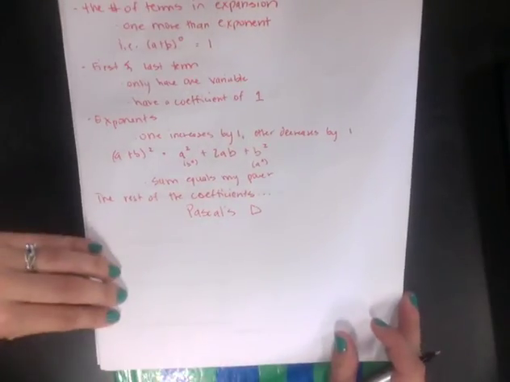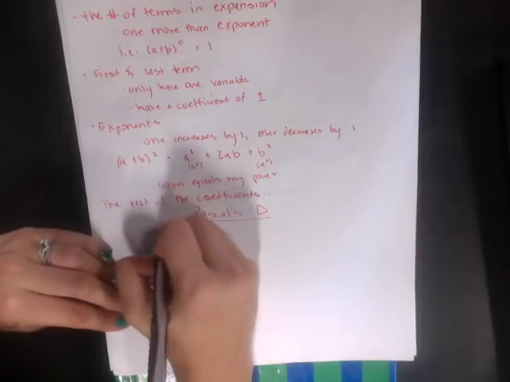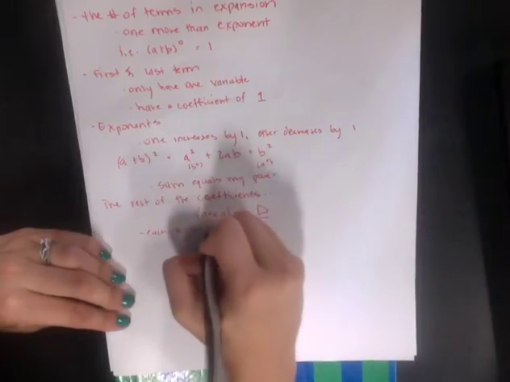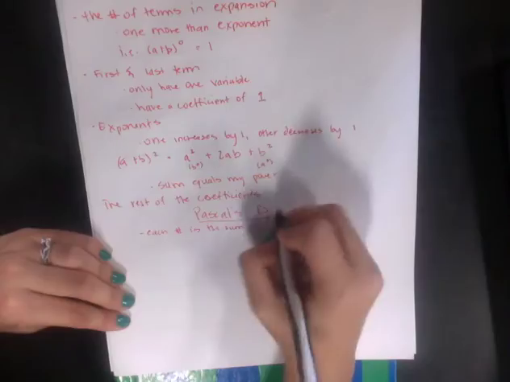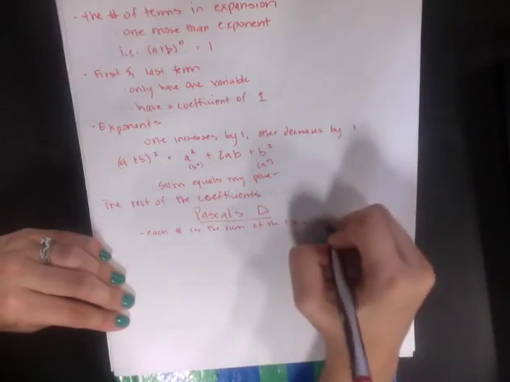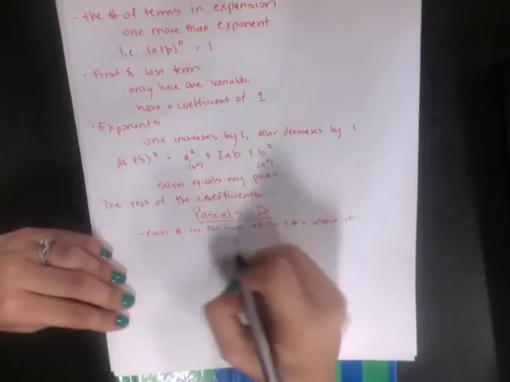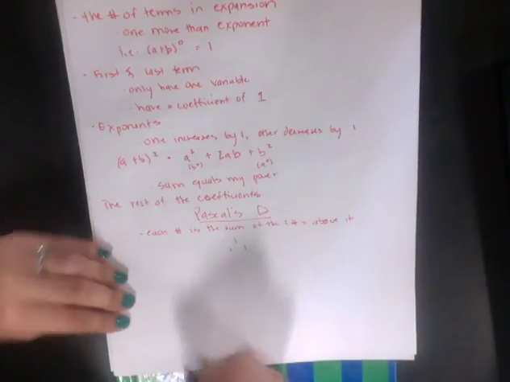Okay? But for now, in Pascal's triangle, each number is the sum of the two above it. The two numbers above it. So we start with 1. 1 and 0 is 1. 1 and 0 is 1.